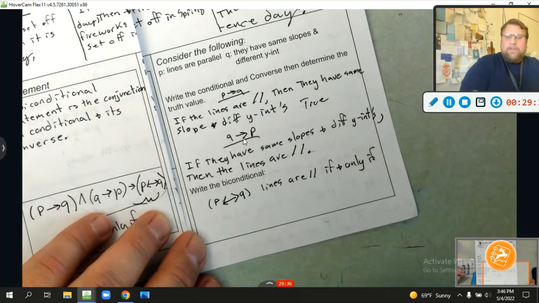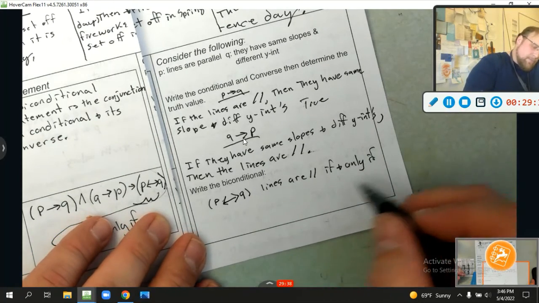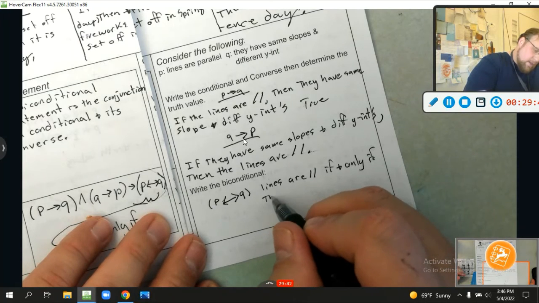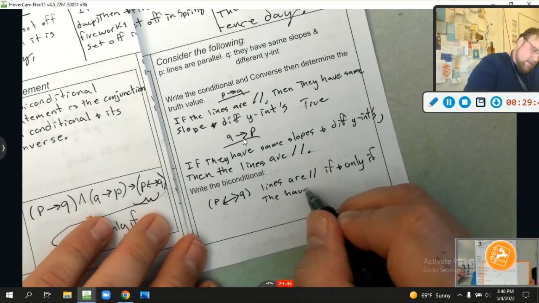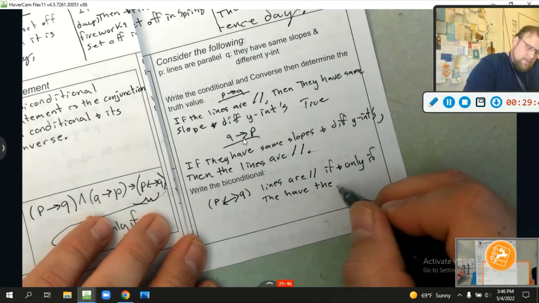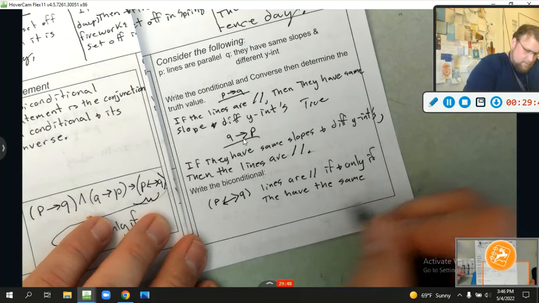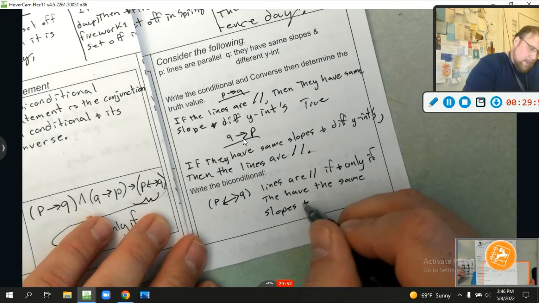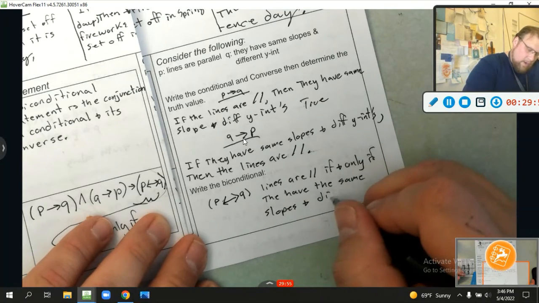That's the new word we're using for the biconditional. Lines are parallel if and only if they have the same slopes and different y-intercepts.